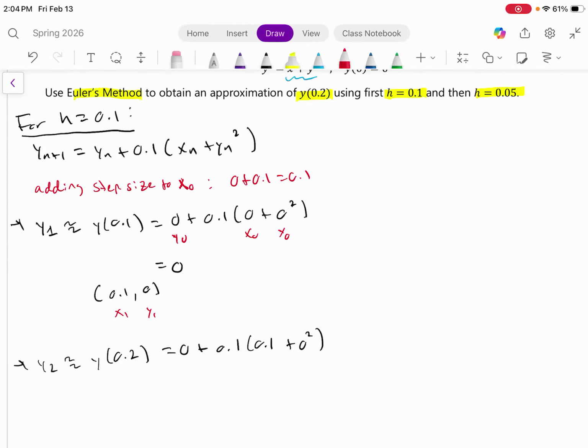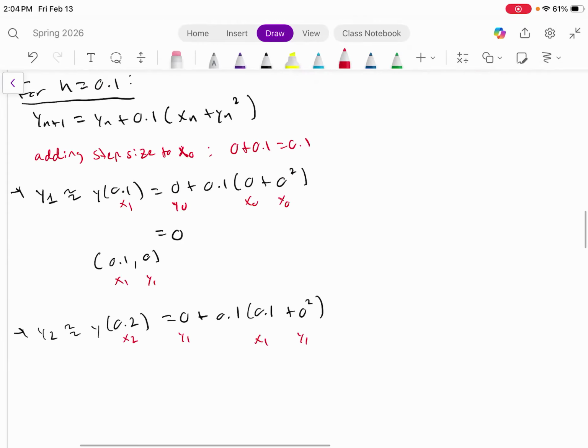Where am I getting these numbers from? Well, now it's my current approximation, which is x1 and y1, and I'm using this to obtain my y2. We could backtrack a little bit: this is x1 and this is x2.